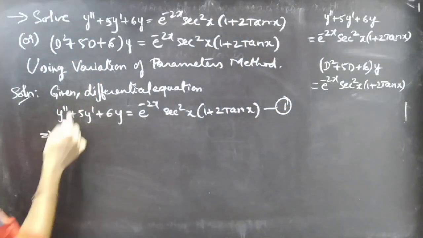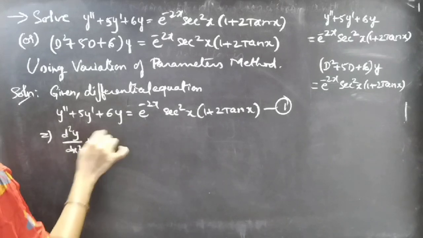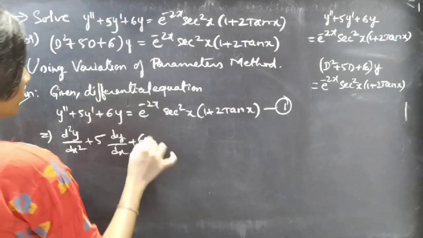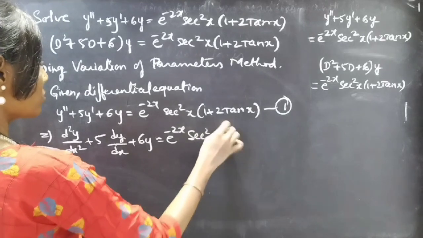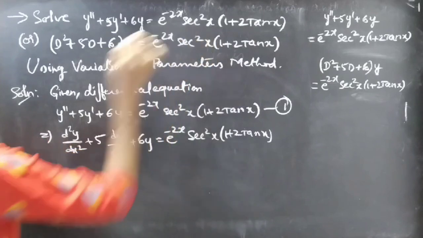We can write y double dash as d square y by dx square plus 5 into y dash as dy by dx plus 6y equal to e power minus 2x secant square x of 1 plus 2 tan x. Here both the equations are the same.